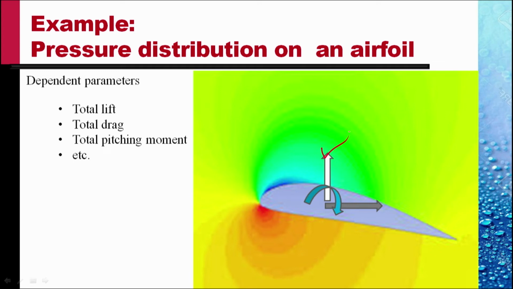So dependent. Total lift, total drag, or total pitching moment. We can define similar other quantities. Lift by drag ratio. They are all dependent parameters. They are the results and they are parameters. One value for a given experiment.